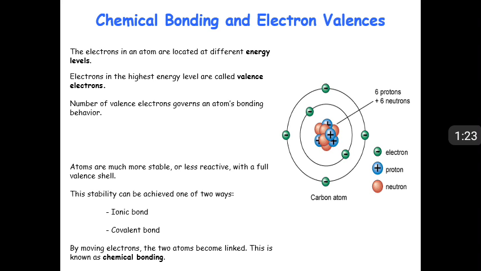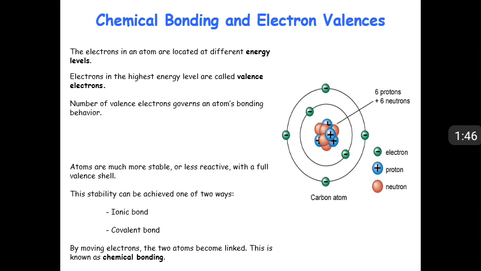Atoms are much more stable, or less reactive, with a full valence shell. If the outer valence shell is full, there is no need for participation with another atom or reaction because the outer valence shell is complete and the atom is more stable.